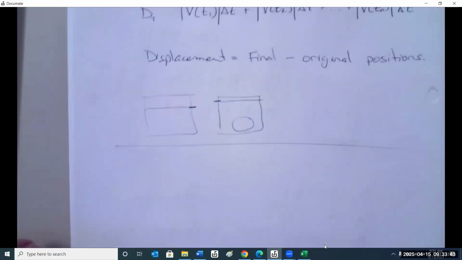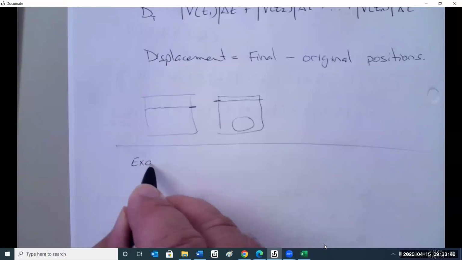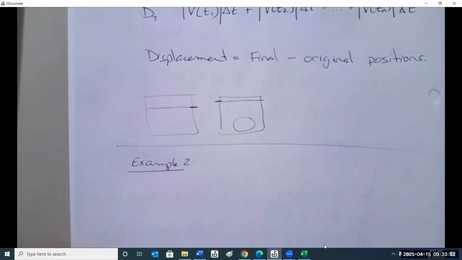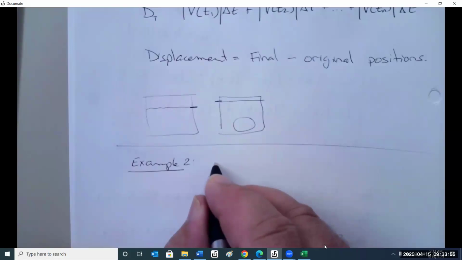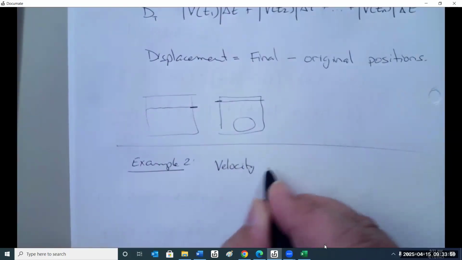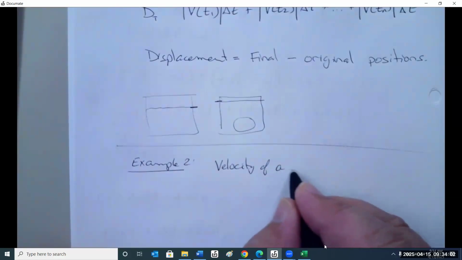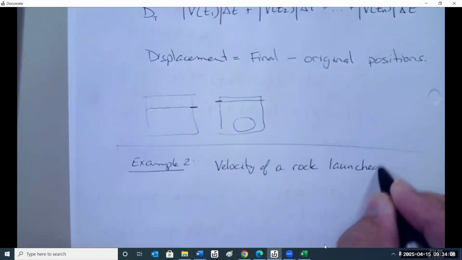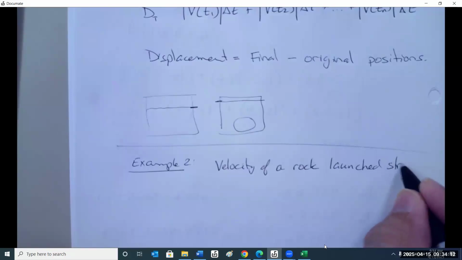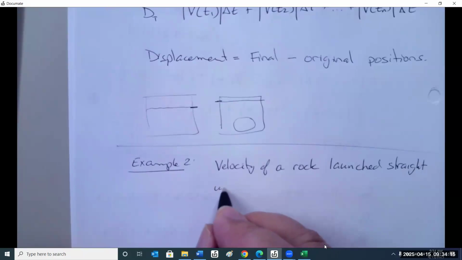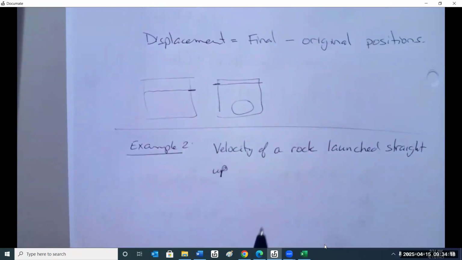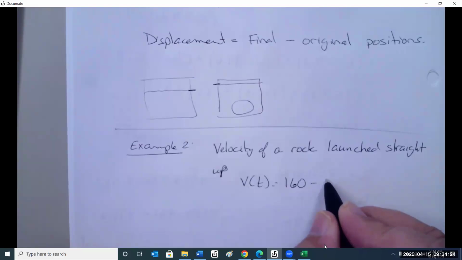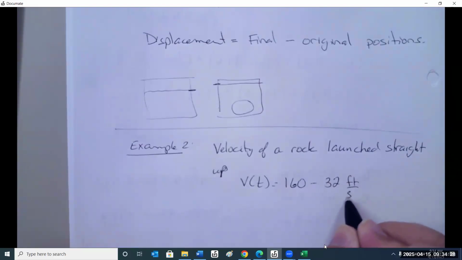So let's look at example 2. The velocity of a rock launched straight up is given by v(t) = 160 minus 32t feet per second.